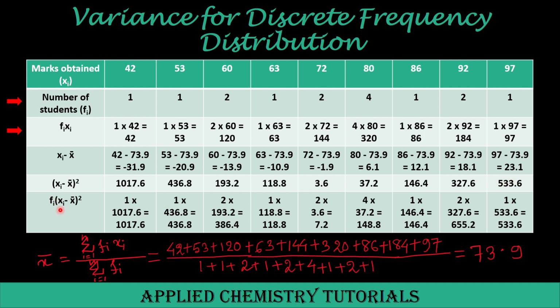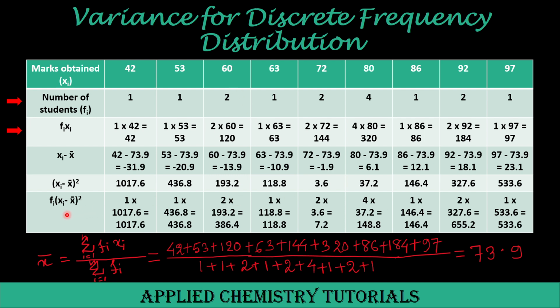Finally we need to figure out the fi multiplied by (xi minus x bar) whole square term, which equals 1 multiplied by 1017.6, equals 1017.6 for column 1 here. And here we have 1 multiplied by 436.8 equals 436.8 for the students who got 53, or this particular column.